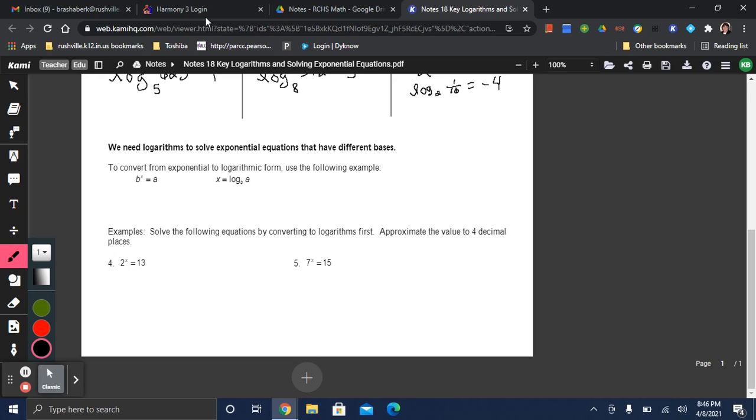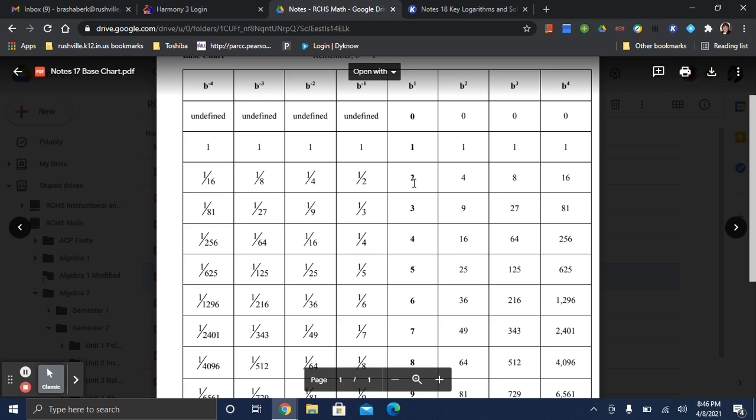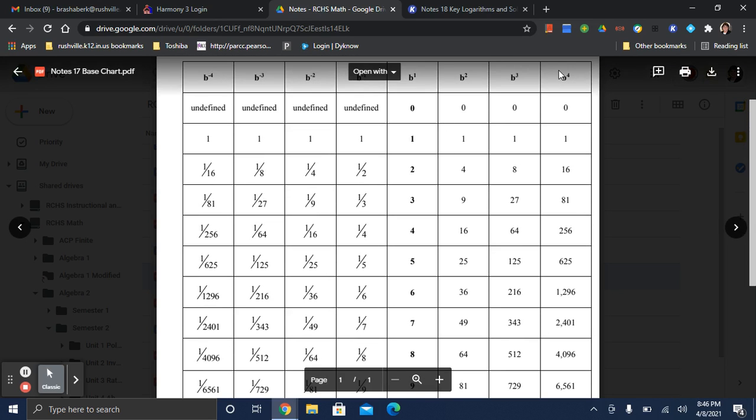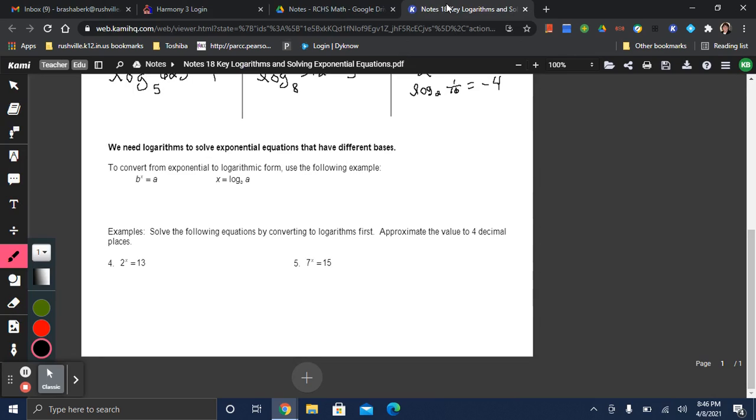Well, if I go to my base chart and look in the 2 row, 13 isn't on there. In fact, 13 is nowhere on this chart. So 13 is not a number that I can convert to a base. So instead, I'm going to convert it to a logarithm.